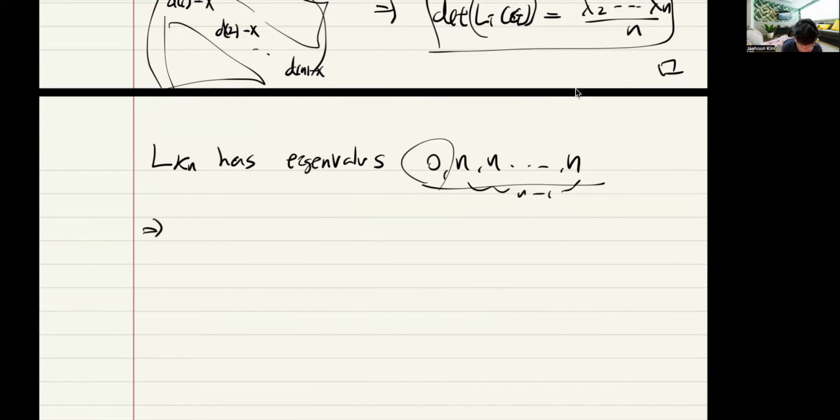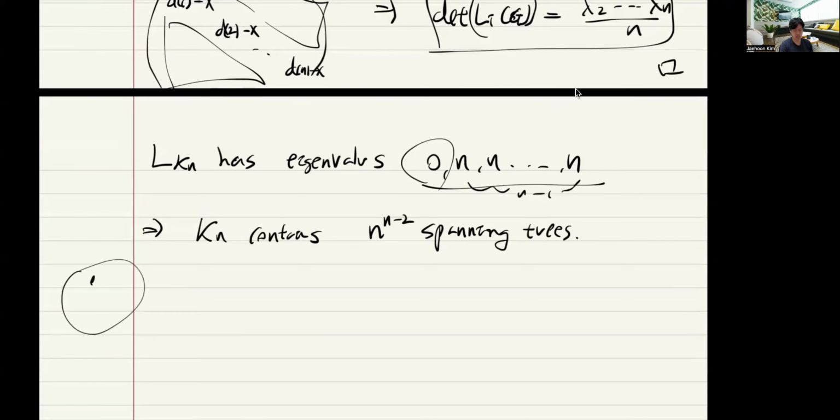Then this shows that K_n contains n to the n minus 1 divided by n, so n to the n minus 2 spanning trees. This is not counting isomorphism classes, so some of them can be isomorphic, but in K_n you have the vertices labeled. Then this tree and this tree are different trees, even though they are isomorphic. And if you count them all, then you get this number.